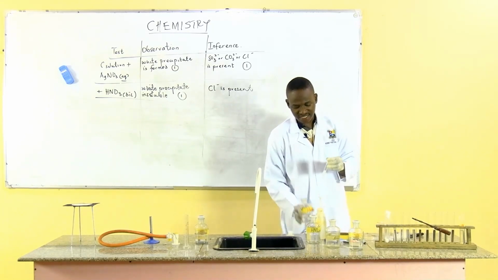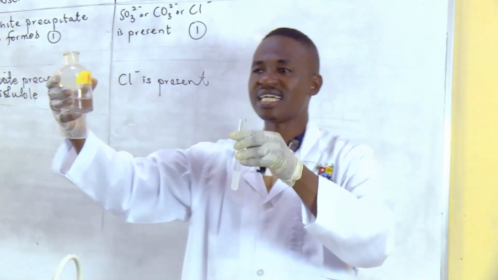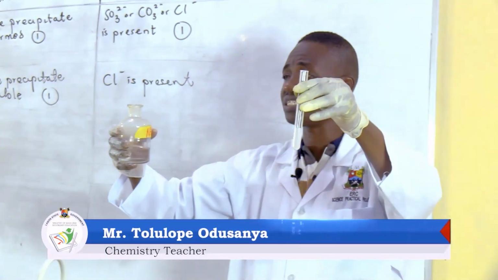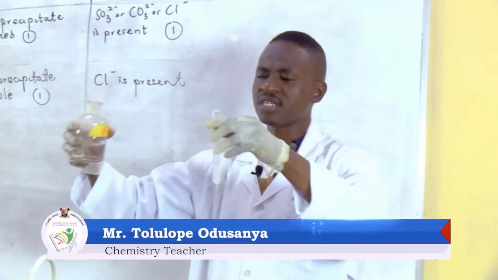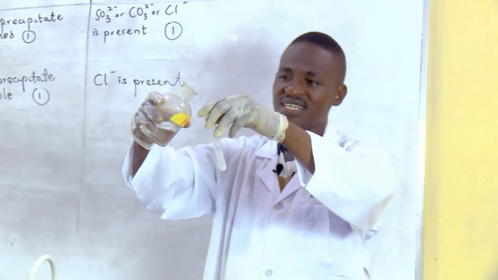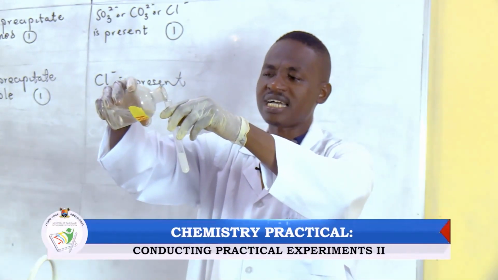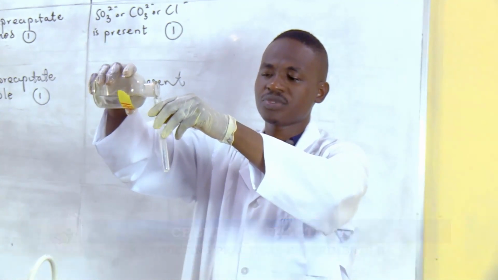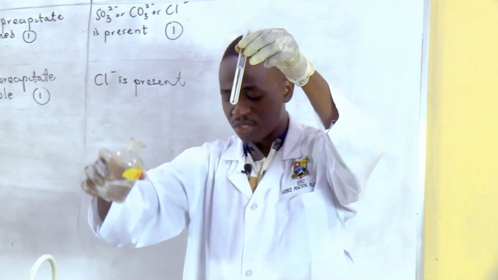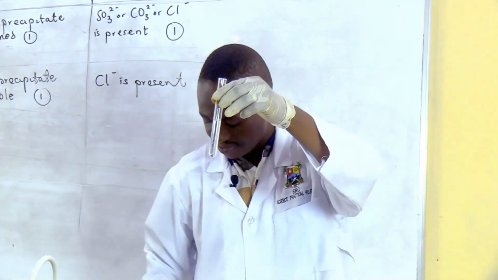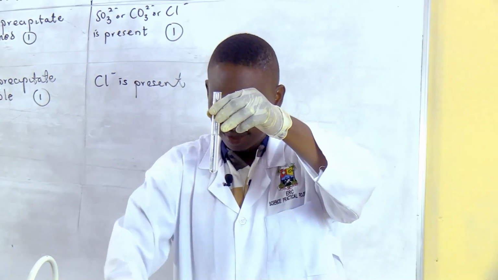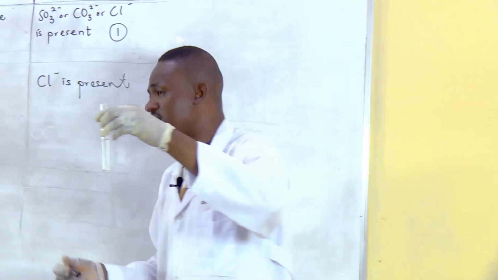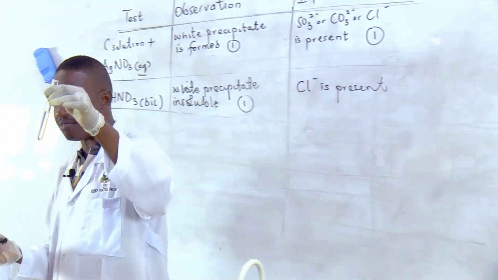What I need to do now is to add aqueous ammonia to this solution to see if the white precipitate will become soluble or not. So let's do that together. Are you watching me? Please watch me closely as I add it. Okay, fine. So what do you see? You discover that the white precipitate has become colorless. So I need to report my observation.